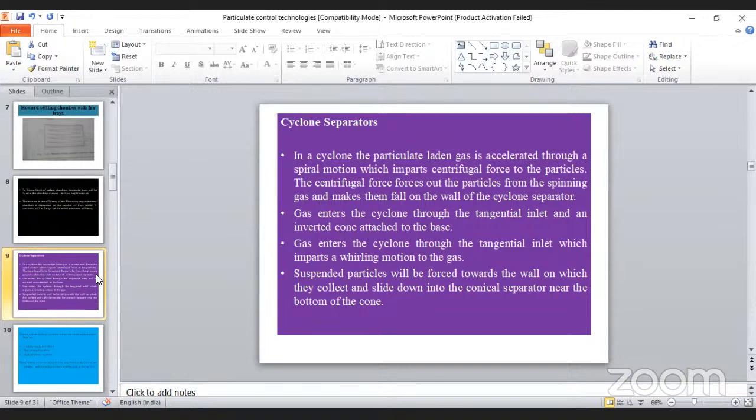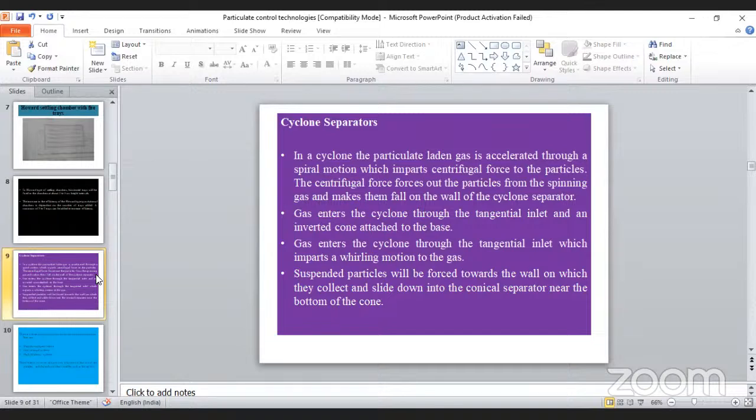Because of that speed, whatever solid or liquid particles are there, they go and deposit on the wall side. The process will be continued. Once the process is over, we can scrape out whatever deposited particles are on the side, then we have to remove it. In such a way, this cyclone separator is working.